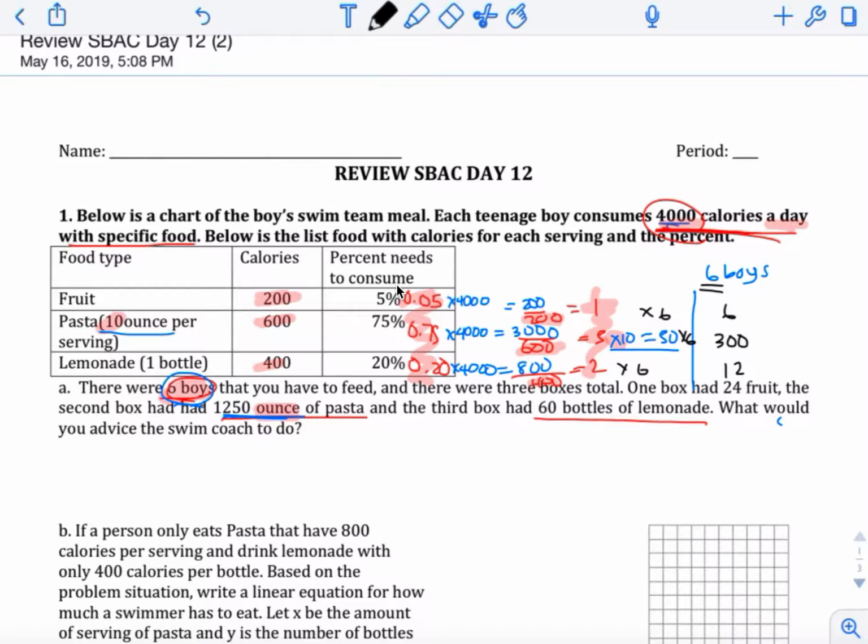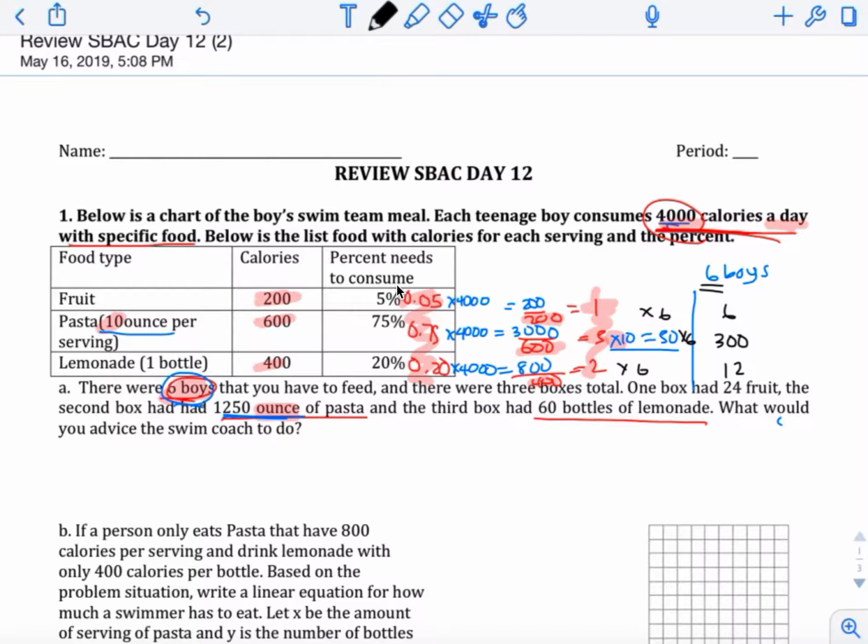If a person only eats pasta that has 800 calories per serving, and drinks lemonade with 400 calories per bottle, based on this problem situation, which is 4,000 calories a day, that's important.